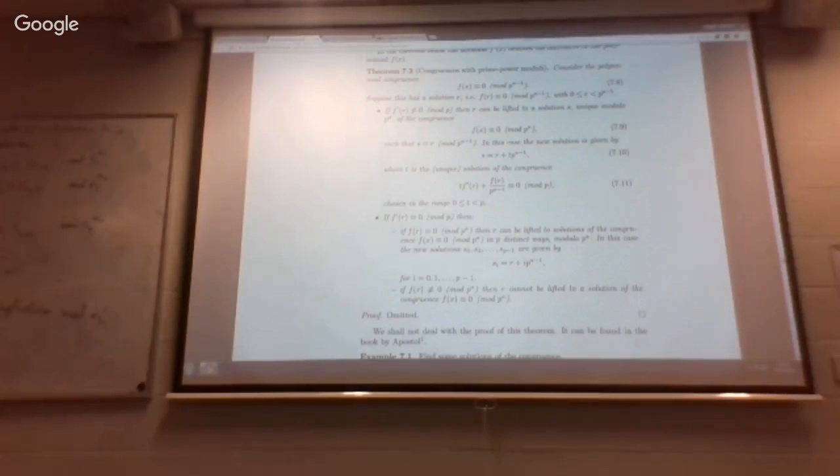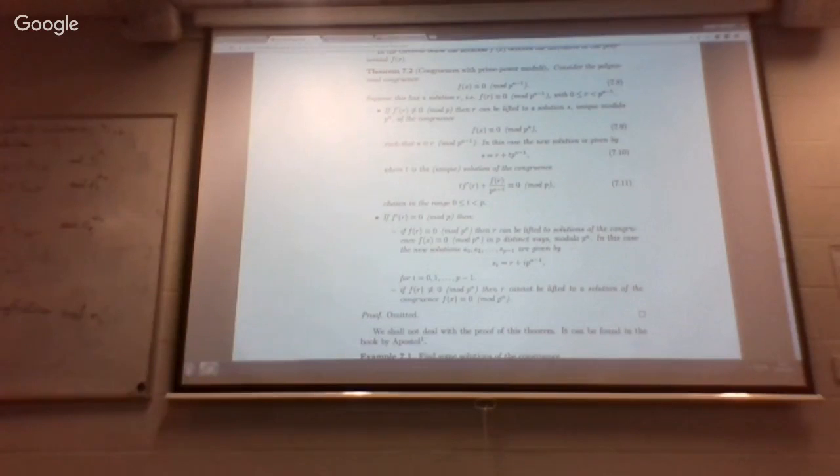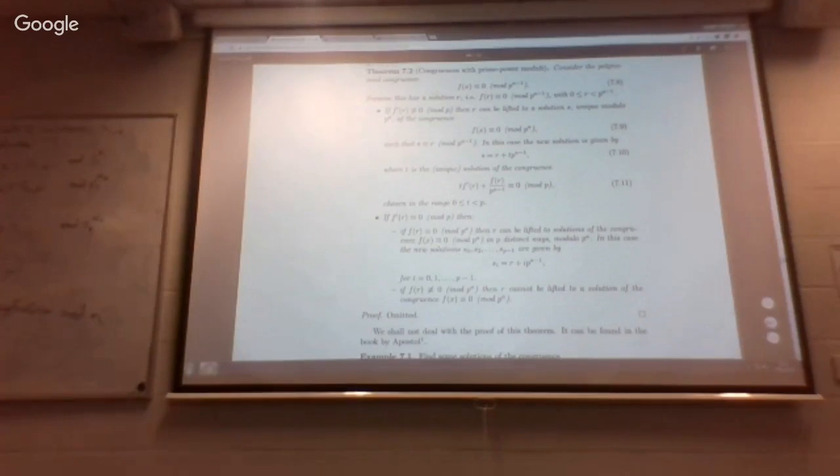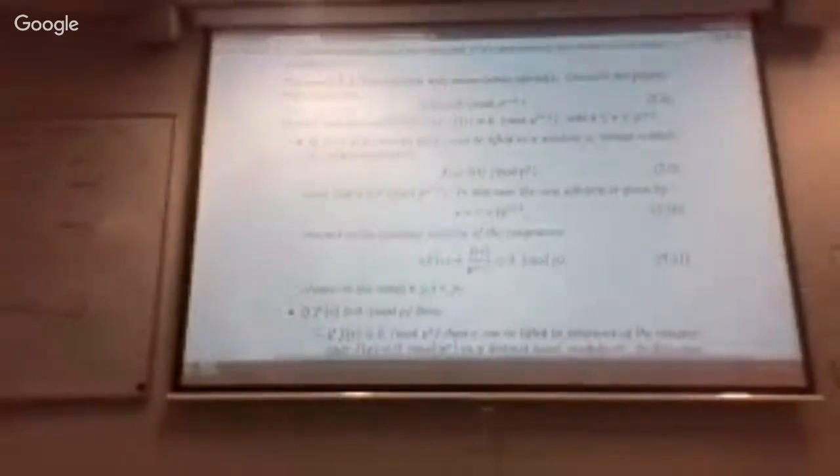Okay. Let's have a look at the result. So what this is about is how to get solutions to these. This technique is sometimes called a solution lifting technique. So let's have a look at what I mean by solution lifting. Well, if we just read the start of it and the end of it, you'll get the idea of what solution lifting means.